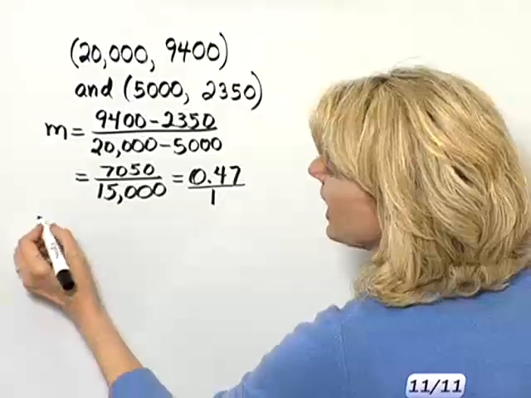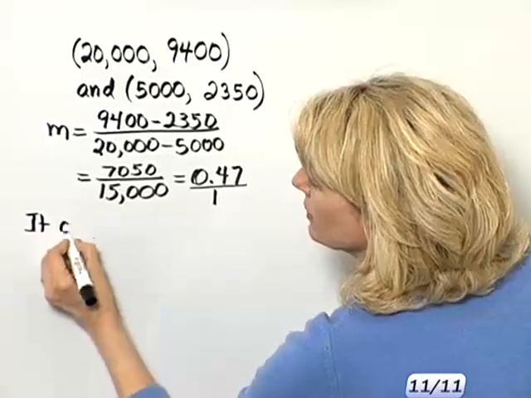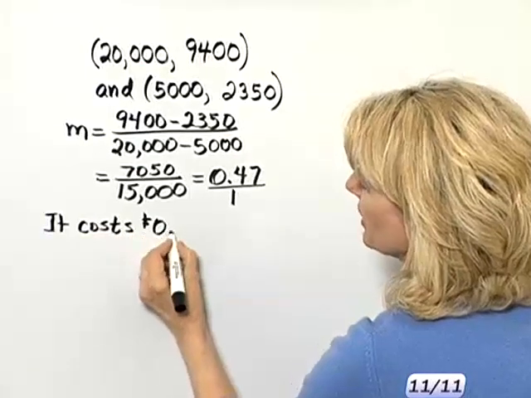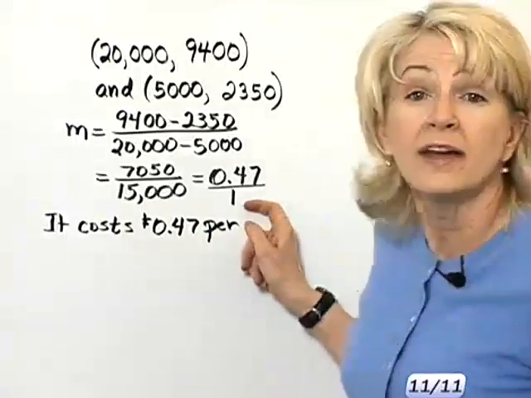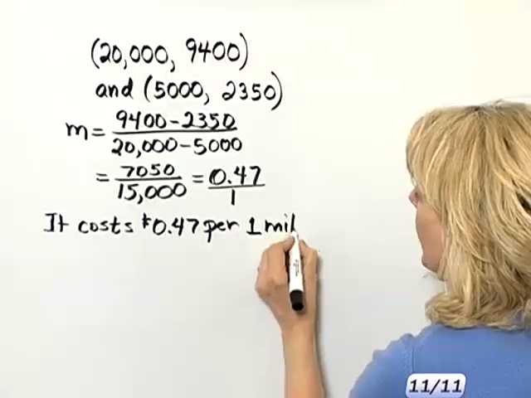It means that it costs this much money per 1 mile to own and operate.